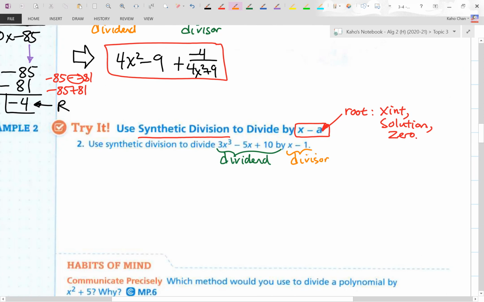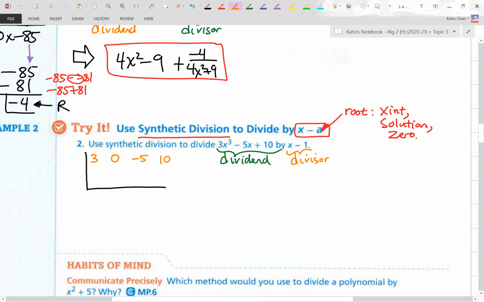What I'm going to do is draw an L, like that. I'm going to pluck the coefficients from the dividend and put them inside the L. Here they are: 3, 0, -5, and 10.